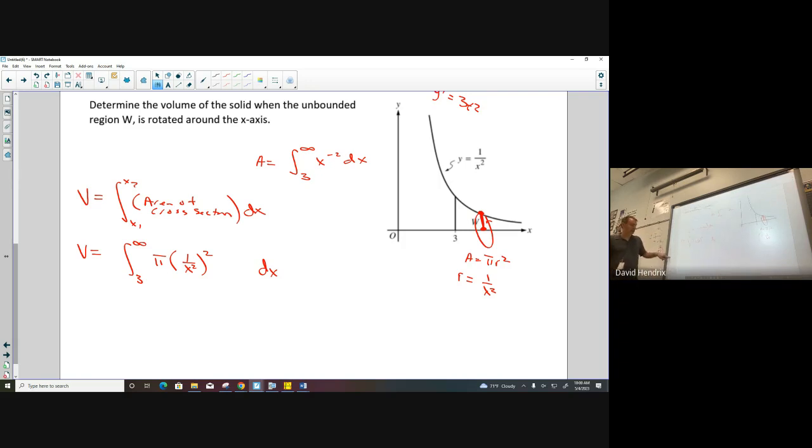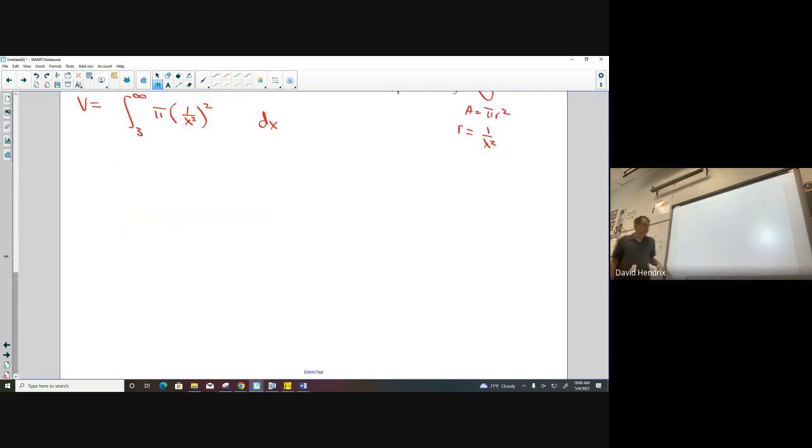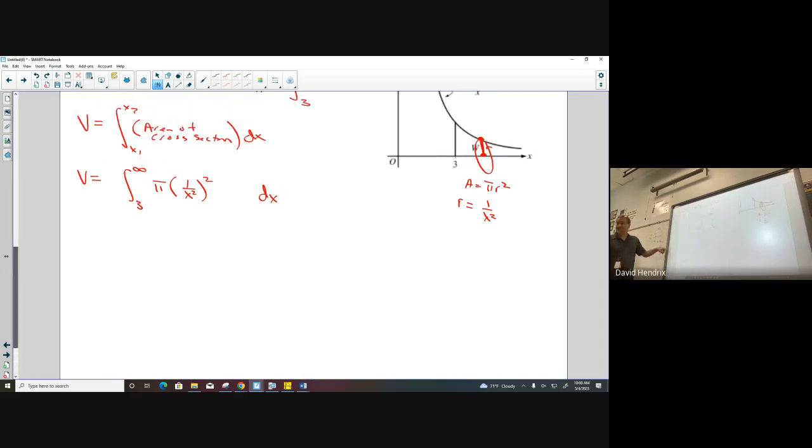Now, how are we going to compute that? If you're going to do this on a free response question, they're not going to want you to leave this improper. If you're doing it on a multiple choice, no one's grading your work, so if you want to plug in infinity, do it all you like. It's not proper math, but no one really cares on multiple choice. On free response, they're going to want to see the limit.